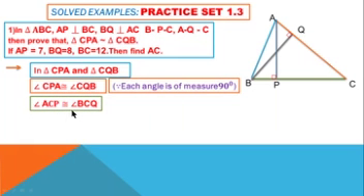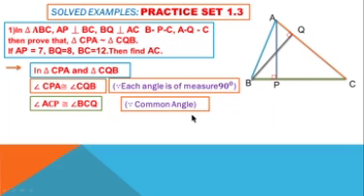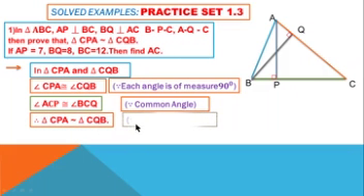Angle ACP is congruent to angle BCQ. Reason: common angle. Therefore triangle CPA is similar to triangle CQB by AA similarity test.